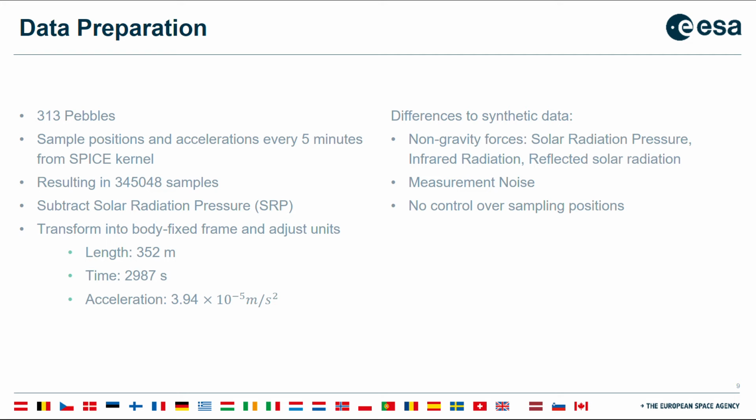Of course, there's also measurement noise in the pebble positions, and there we will see what kind of impact this has on our result. And finally, we see that in the synthetic dataset, we had fine control over where we sample to get the maximum amount of insight over this gravitational field. And here, of course, we just observe some trajectories, and these will be what we have. So we have no control over the sampling positions.